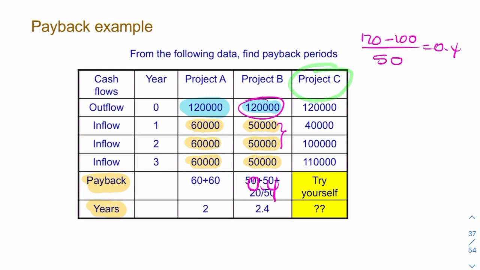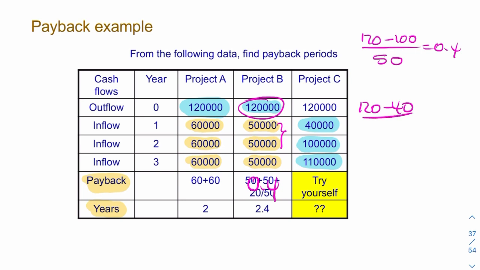Project C is different. Project C pays me back £40,000 in the first year, but then £100,000 in the second year, and even more in the third year. So it's not a constant inflow of cash. So the question now is, how long would it take to get back my £120,000? So it looks like it would be less than 2 years. So £40,000 in the first year, so 120 minus 40, that's 80.